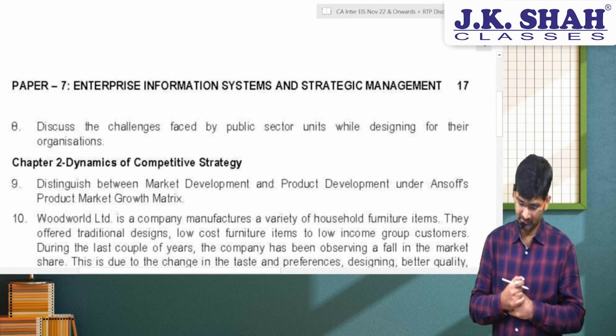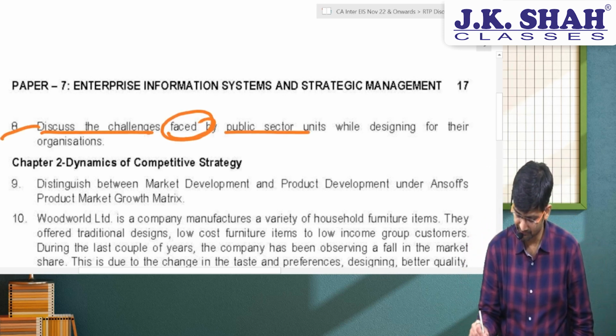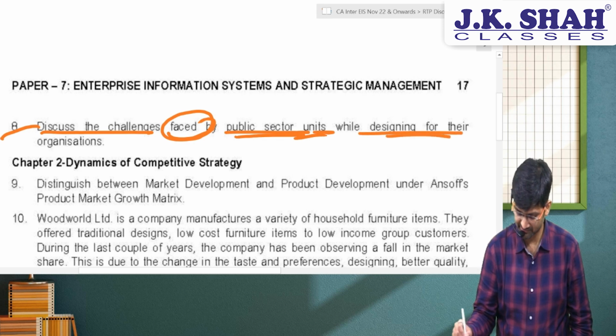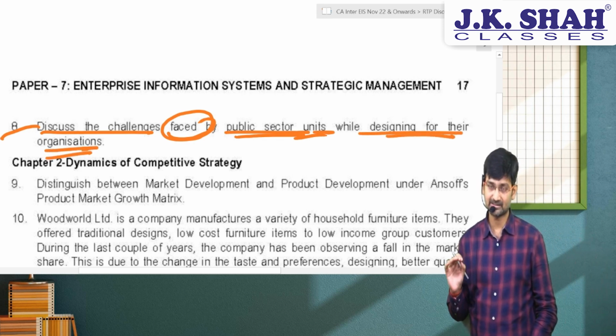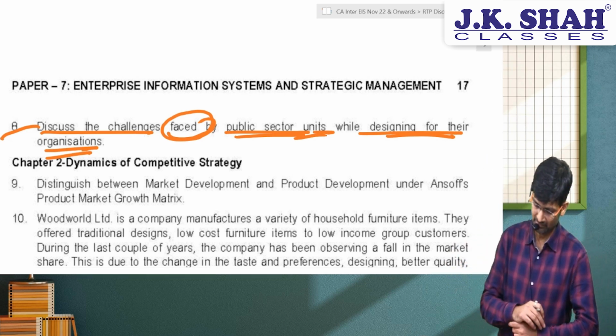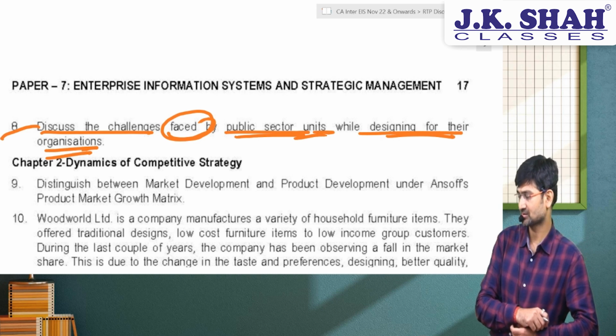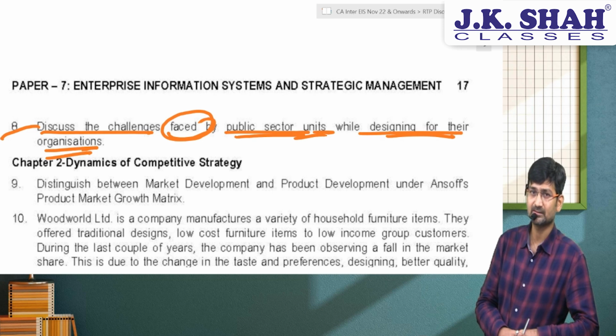Discuss the challenges faced by public sector units while designing for their organizations. If you read this question carefully and recall chapter 1, last part, we have strategic management for non-profit organizations: medical, government and educational.